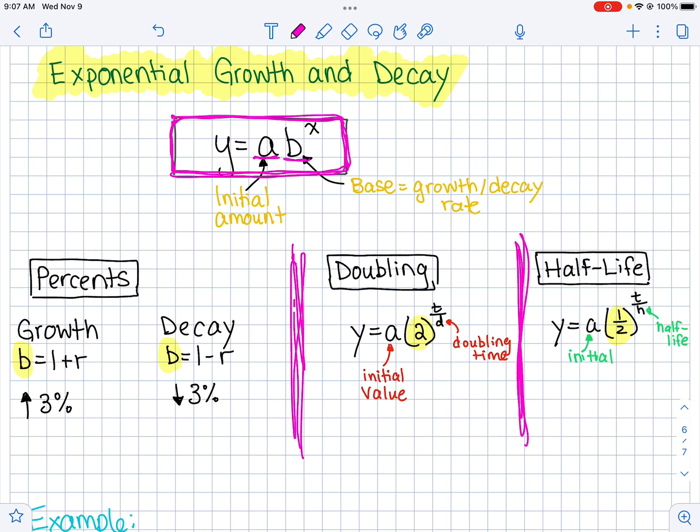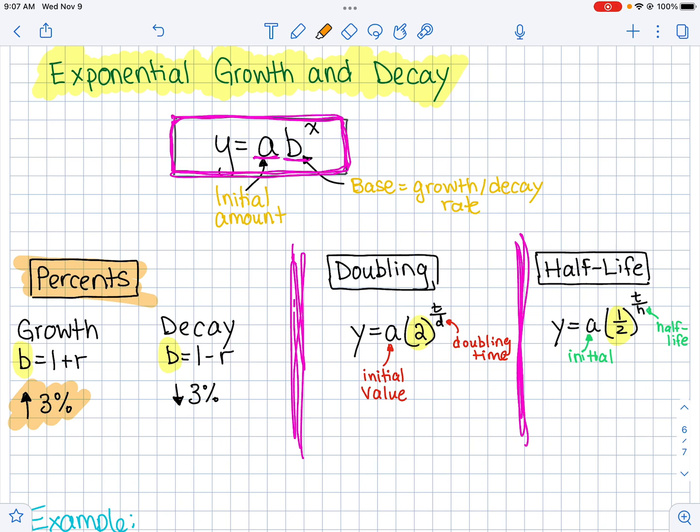So it seems to me that questions are either percent stuff. The question might be saying, hey, your bank account has an interest rate of, say, 3% per year.